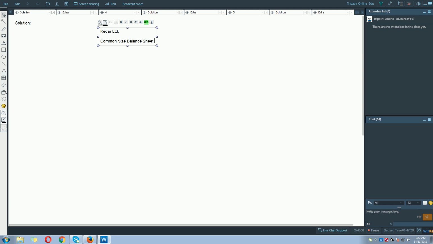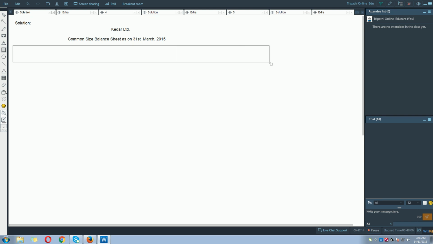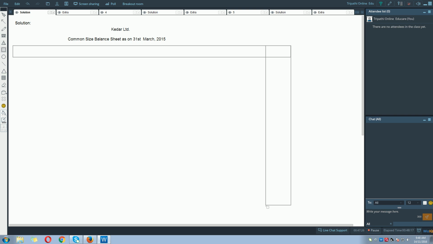Solution. Kedar Limited, we will write common size balance sheet as on 31st March 2015.